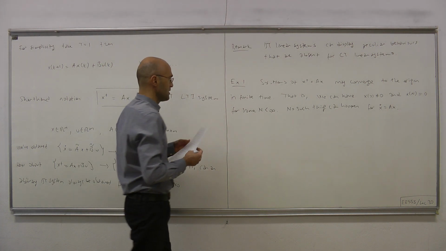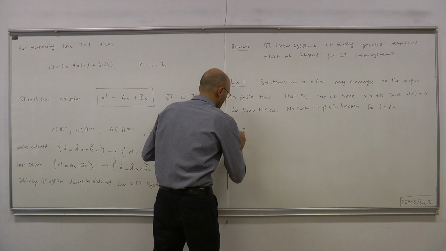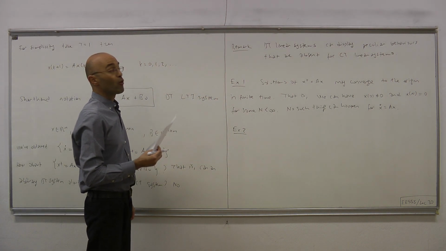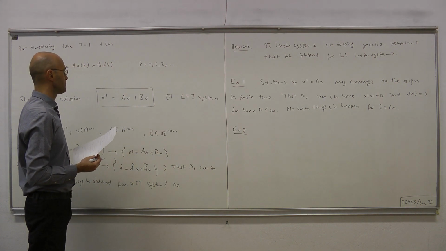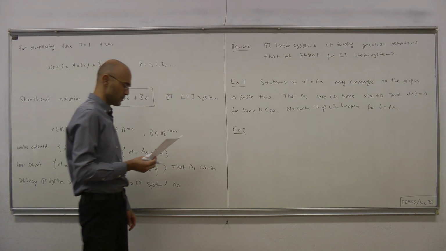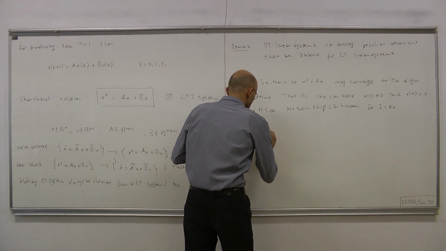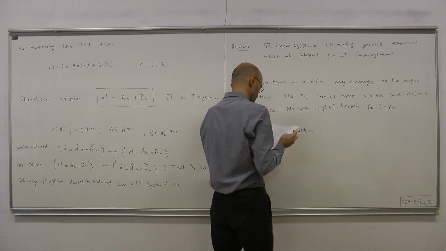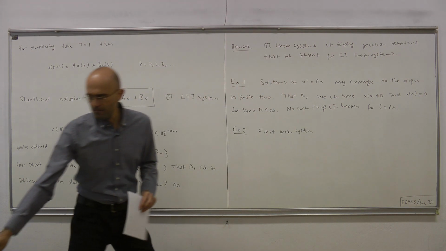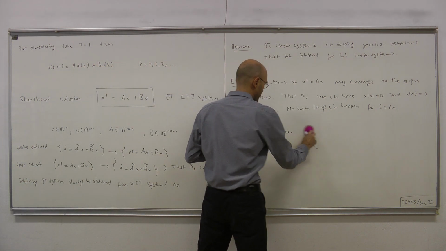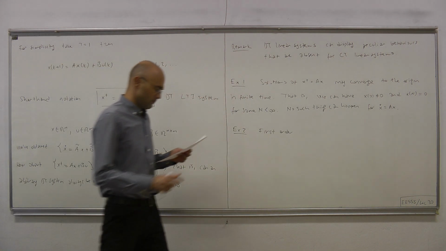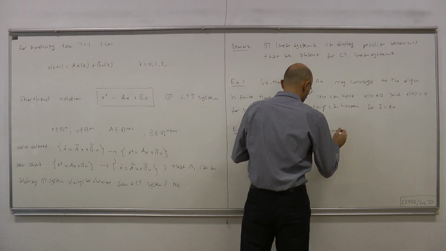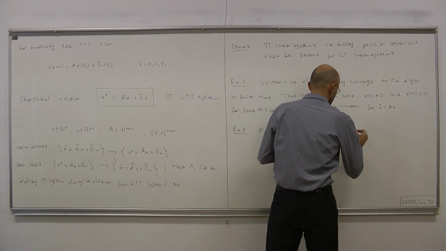Okay. Here's another example that presents some qualitative difference between a continuous time system and a discrete time version. First order LTI system, x dot equals Ax.